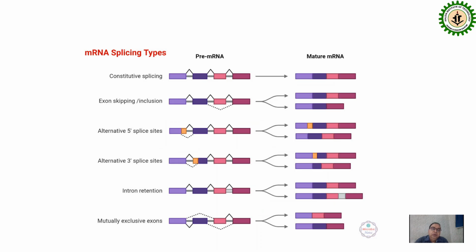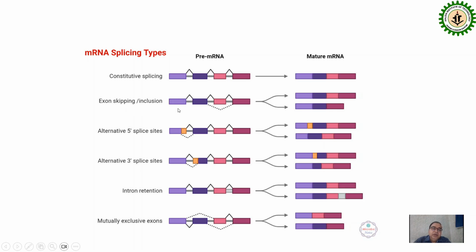Here you can see different types of mRNA splicing. Number 1 is constitutive splicing. Here we have 4 exons, and they are just joined one after another after removal of the introns. Number 2 is exon skipping or exon inclusion.